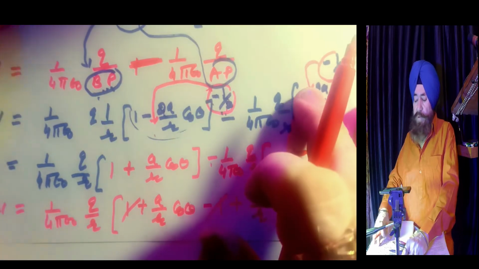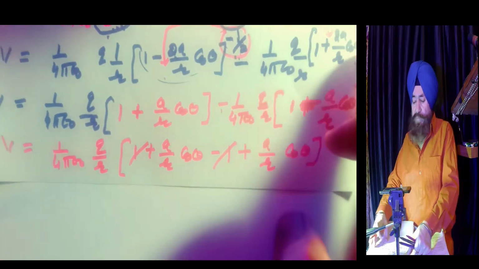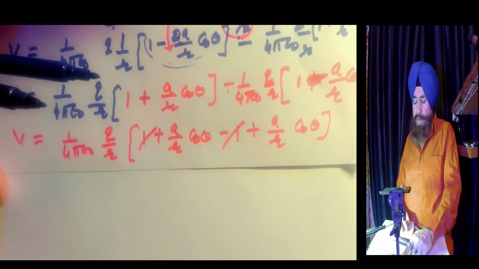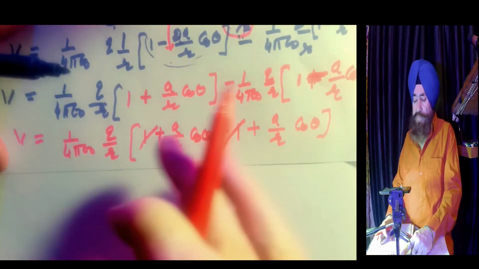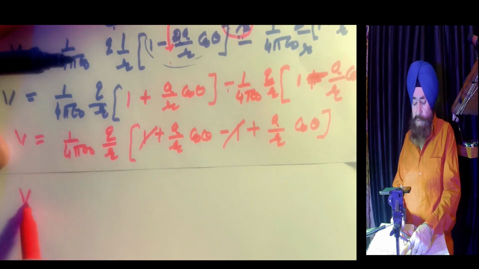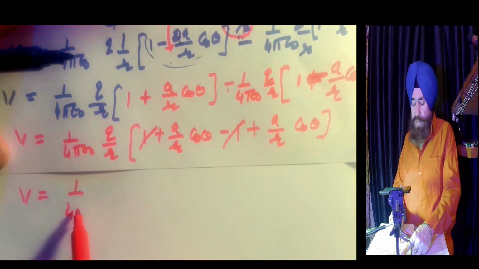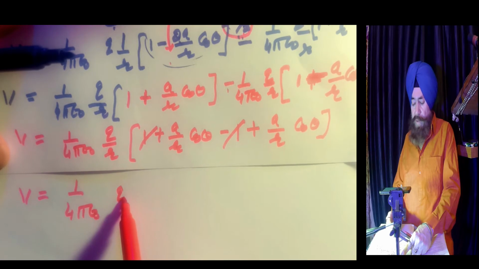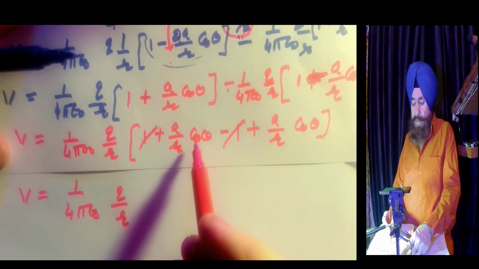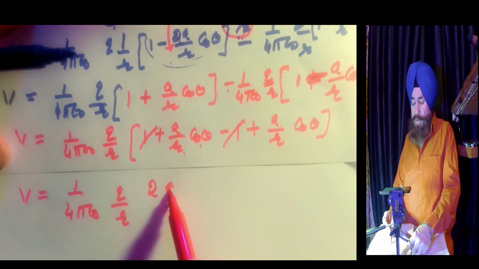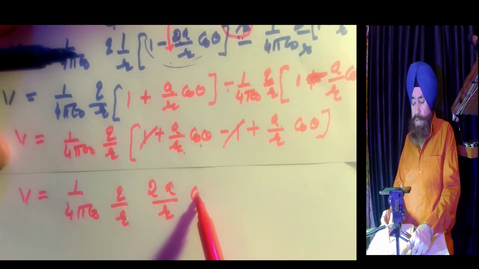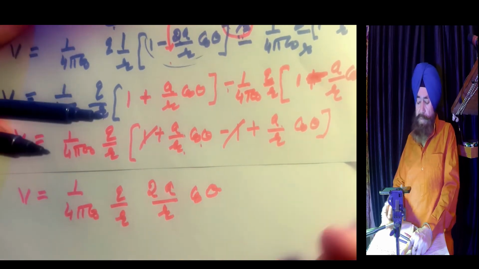So what about the result? The result is V equals constant q by R, a over R cos theta, a over R cos theta, 2a over R cos theta.